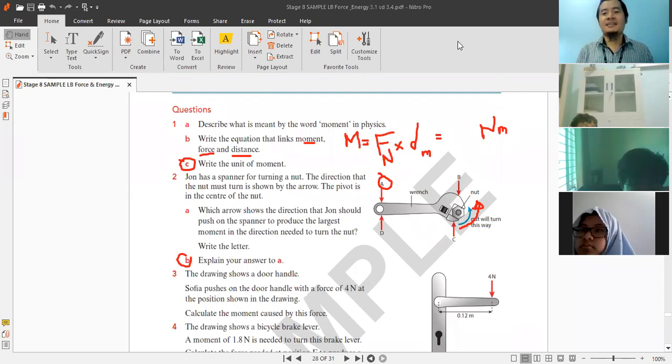Mas Rafa, now my questions. What is 0.12? Force. Okay, thank you. A force? Are you sure? Distance. Distance. Okay, good. What is 4 Newton, Mas?